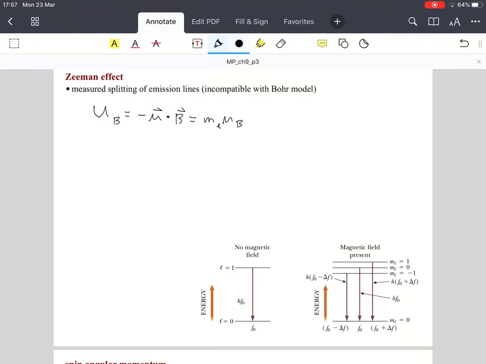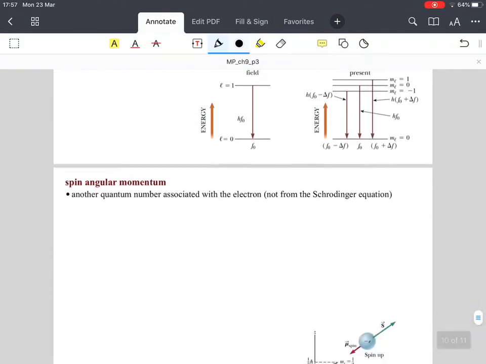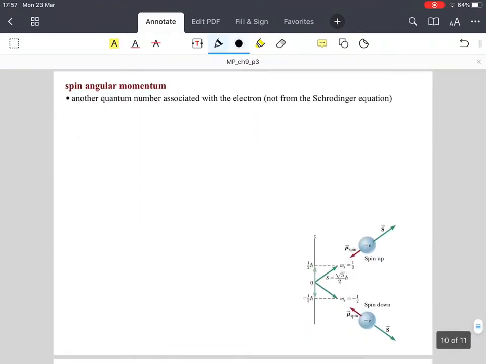This is a simplified version. It can be a lot more complicated depending on a fourth quantum number, which we're going to talk about next. And that is the spin angular momentum. Now this is interesting because this does not come from the solutions to the Schrodinger equation for the hydrogen atom.